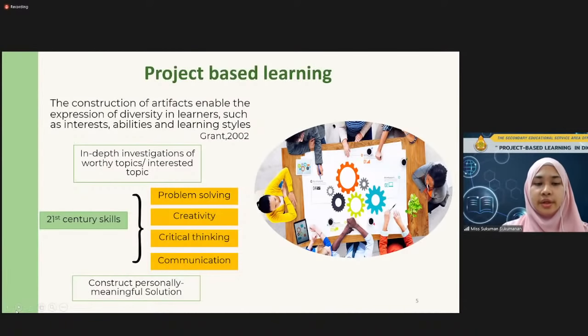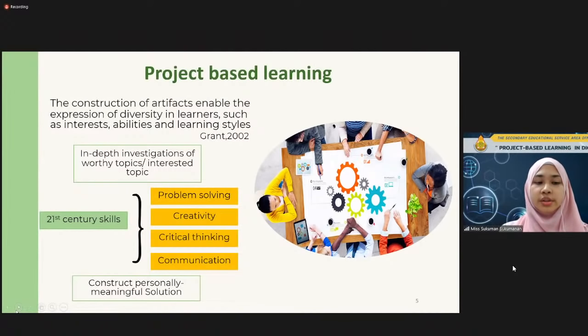After they choose the topic, they go through the developing of skills because they have to apply skills in the project. As you can see here, during project-based learning, the student may use problem solving, creativity, critical thinking, and communication.